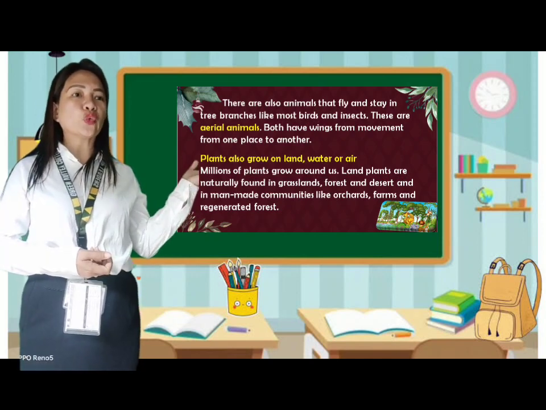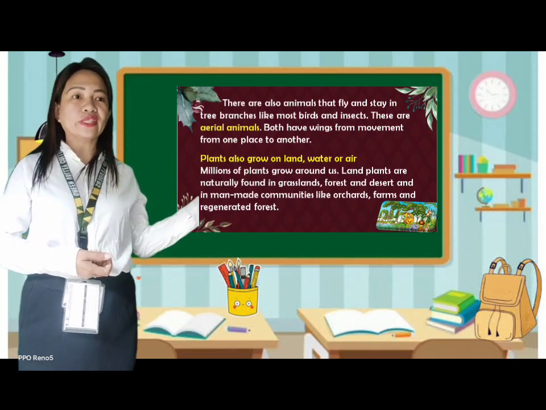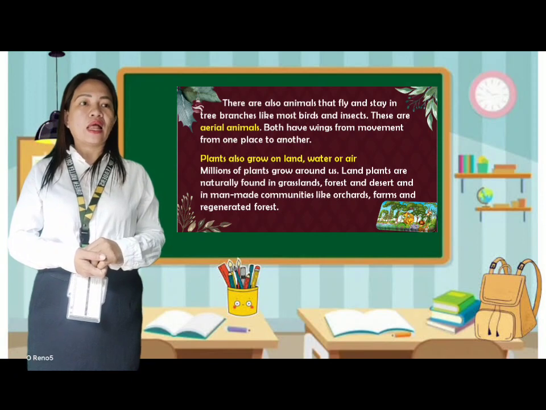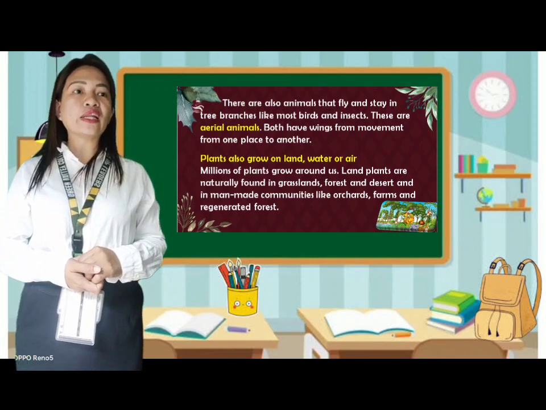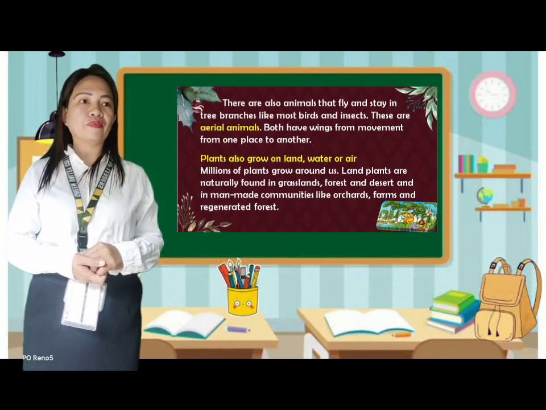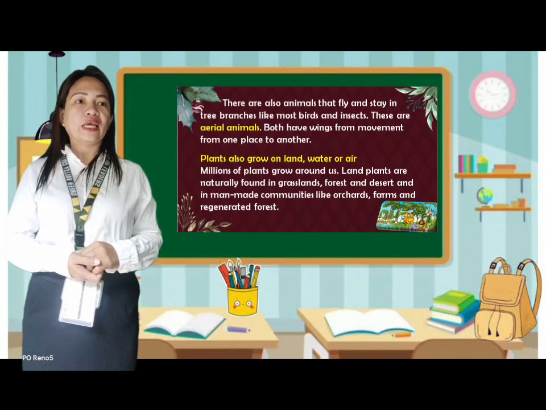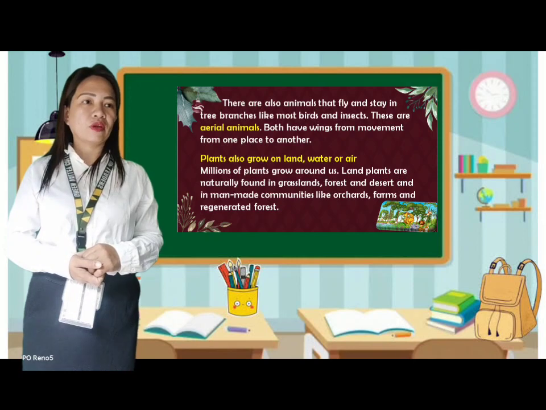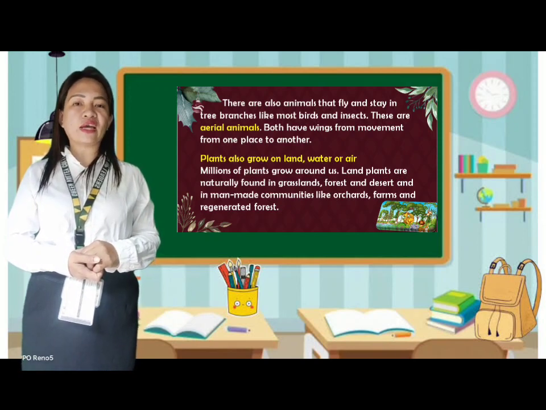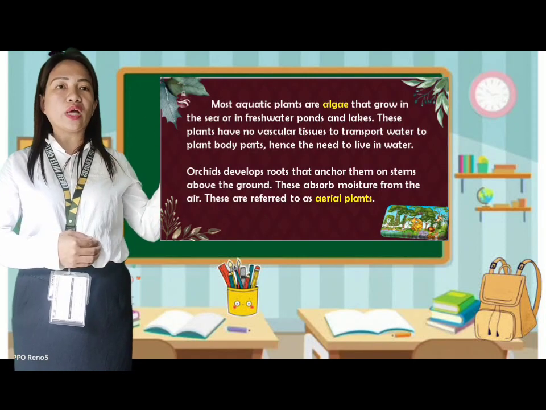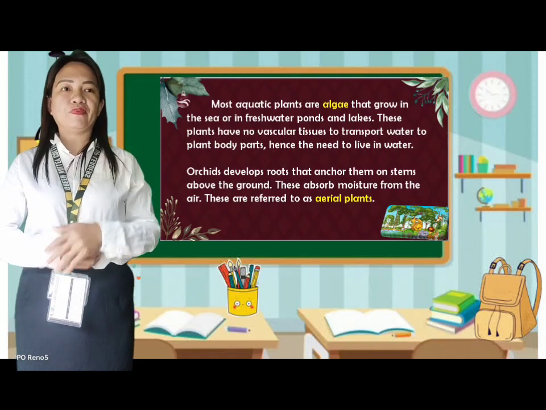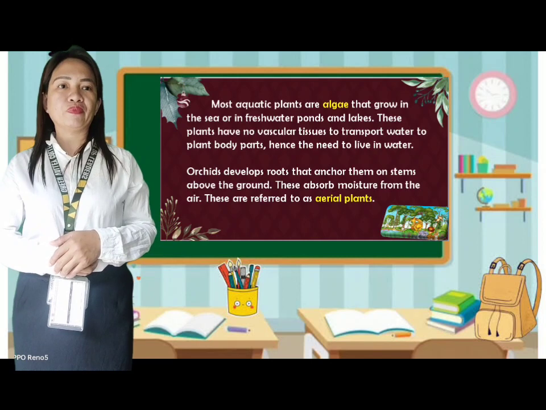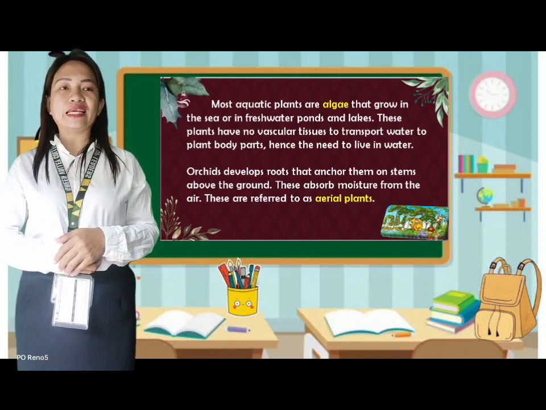Plants also grow on land, in water, and in air. Millions of plants grow around us. Land plants are naturally found on grassland, forests, and desert, and in man-made communities like orchards, farms, and generated forests. The most common aquatic plants are algae that grow in the sea or in fresh water, like rivers and lakes.